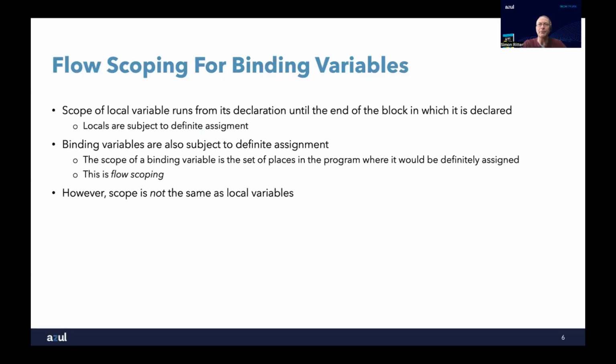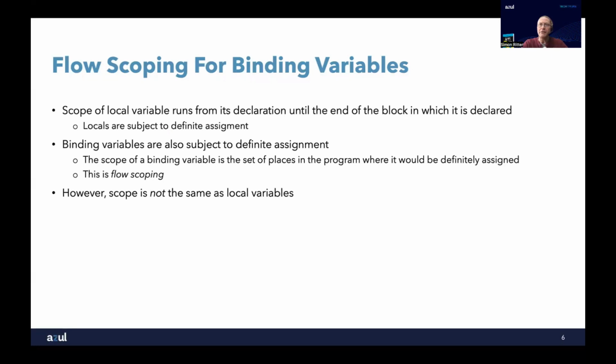But that's the scope of a local variable, or even within a method. The other thing about local variables is that they are subject to definite assignment. You cannot leave a local variable to have a default value. There is no default value, not like instance fields. So in the case of local variables, you have to make sure that you assign a value to that. Otherwise, the compiler will complain and not compile your code.